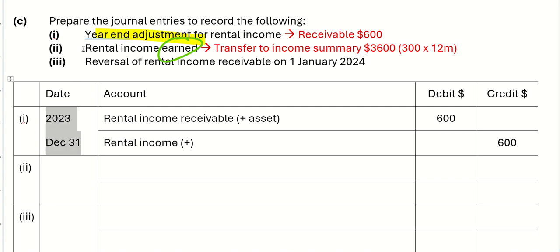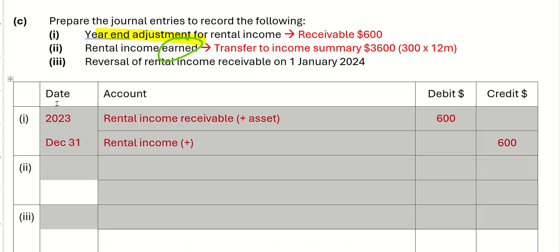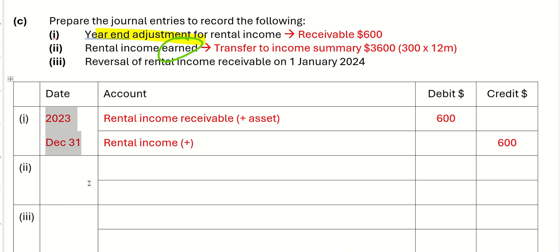What is the date that you usually transfer to income summary? What's the date? Year end, same, 31st December. All right. And you will record income summary minus. Why minus? Because you're going to transfer out. You're going to take it out, transfer out. So 3,600 debit. Correct.